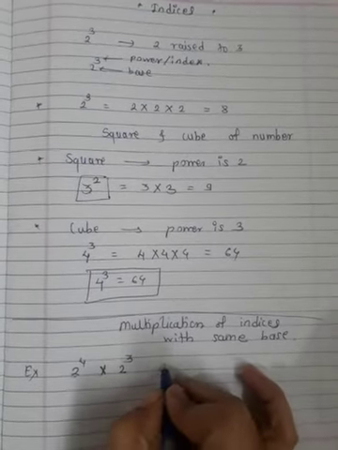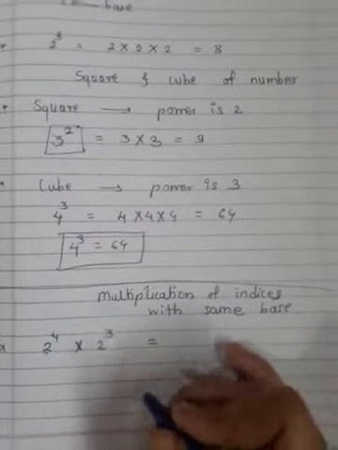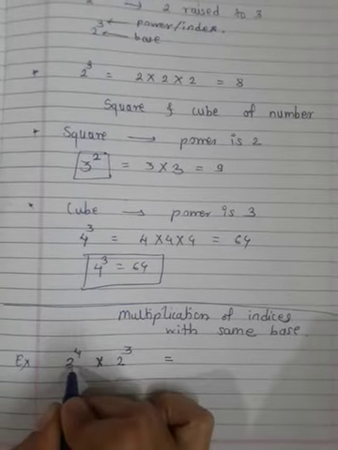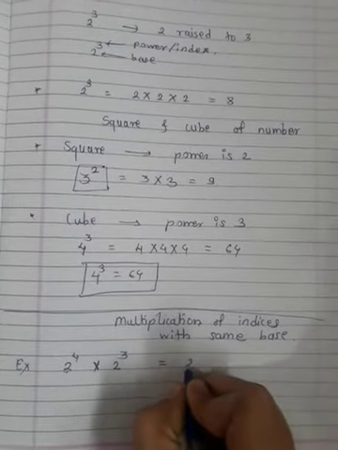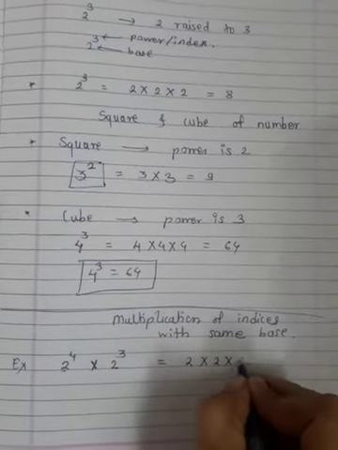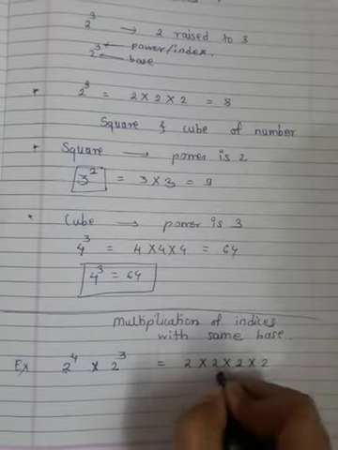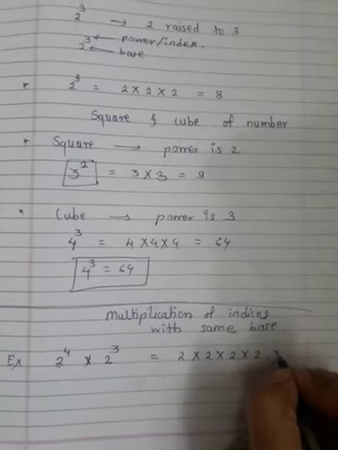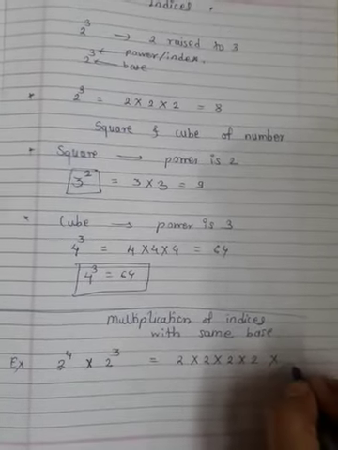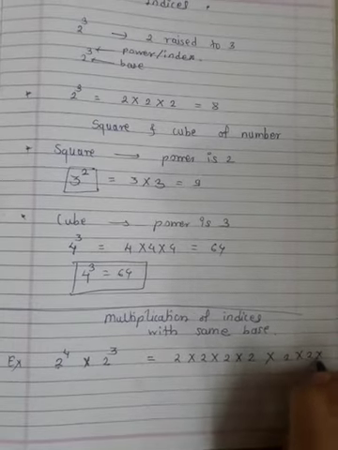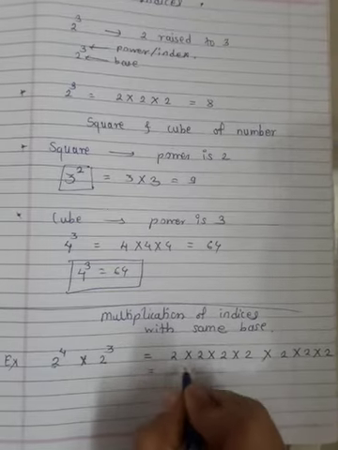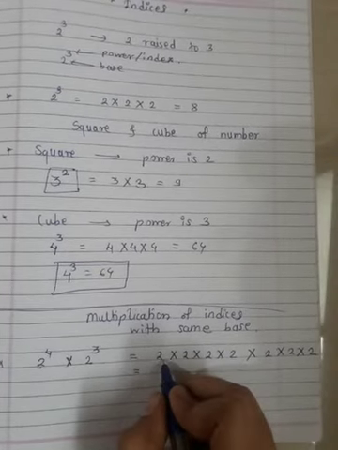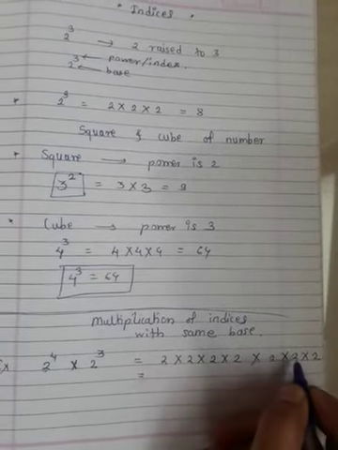Now see what result we get from this. You can multiply. First of all, 2 raised to 4 means 2 multiplied by itself 4 times: 1, 2, 3, 4. And 2 raised to 3 means 2 multiplied by itself 3 times: 1, 2, 3. Now see how many times 2 occurs: 1, 2, 3, 4, 5, 6, 7.